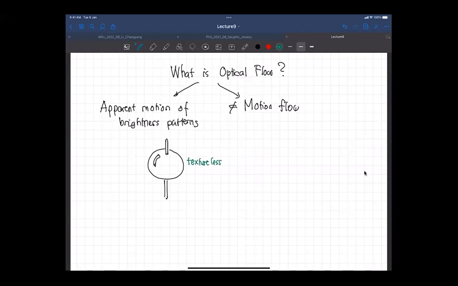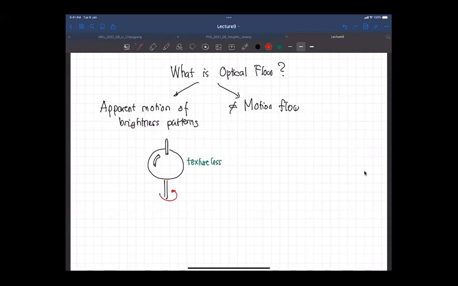You can assume that the ball is totally white or totally black or totally red. And then you move the stick. And then you take a picture or take a video of this motion. It's totally pure white or totally pure red or whatever color you want, but it's textureless.